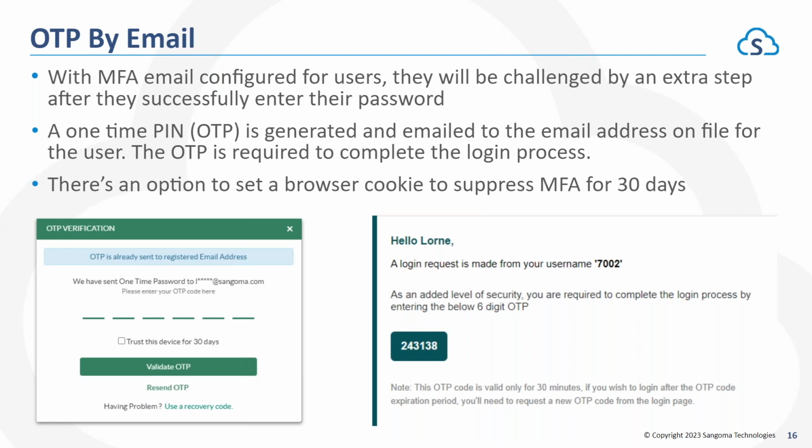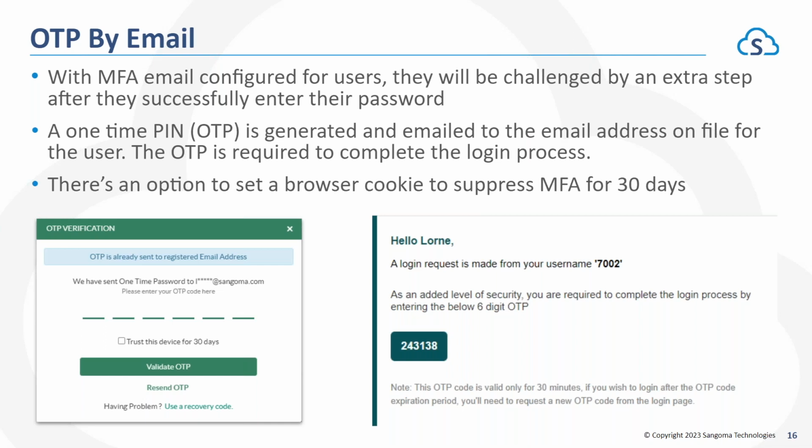After they successfully enter their password, an additional OTP verification window pops up with a field for 6 digits. That user will receive an email sent to the email address on record for the user in user management, including a PIN. The PIN code is good for 30 minutes, and if they successfully copy and paste that or manually key in the digits received in the email, then the login proceeds as normal.